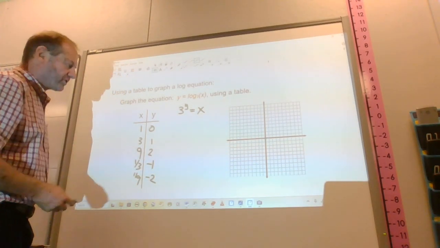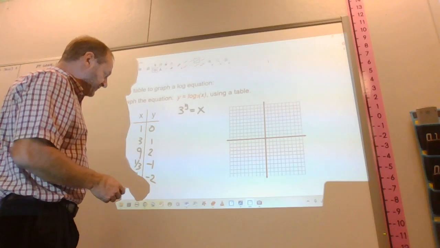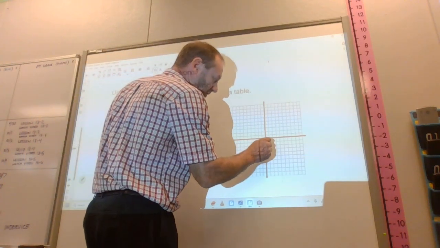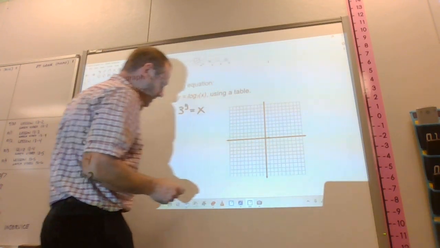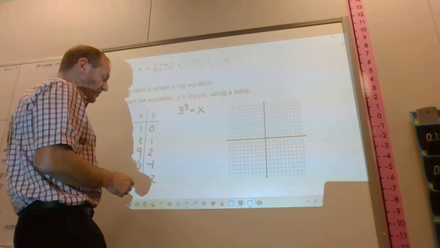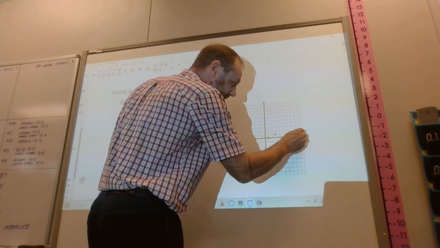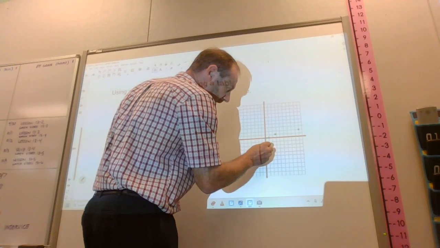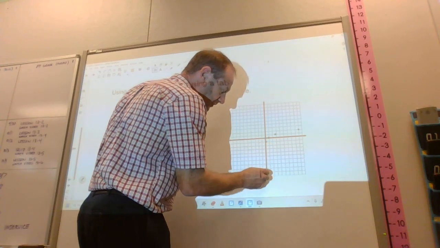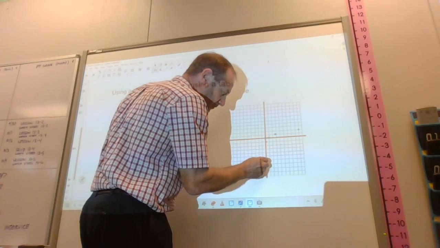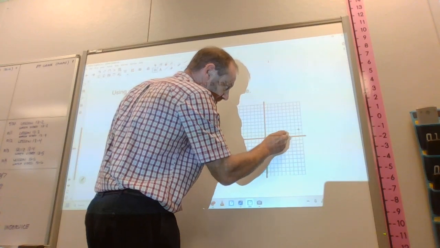You can tell it's going to approach 0. So I just graphed the points. There's 1, 0, and there's 3, 1, and 9, 2, and then 1/3. It's going to approach the y-axis here, so it's going to look like this.